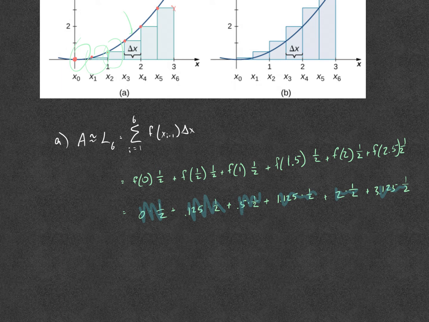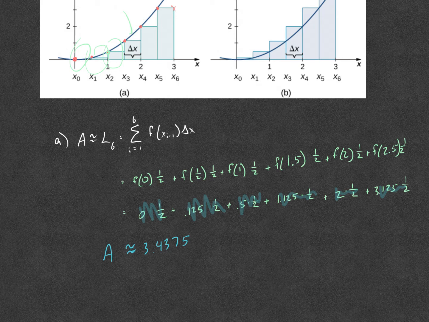Type all that into your calculator, and you get that the area is approximately 3.4375. And that is an underestimate for the area of the region. You can see how all of those rectangles are a little bit under.